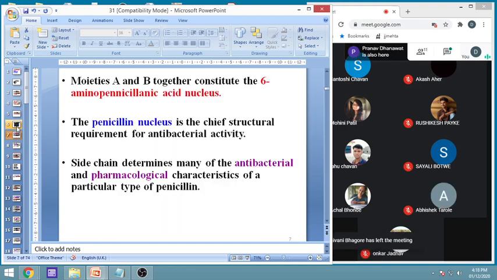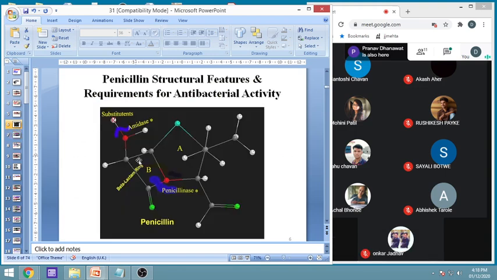So moiety A and B together is considered the 6-aminopenicillanic acid nucleus. Up to here together is called 6-aminopenicillanic acid, and it is briefly abbreviated as 6-APA.